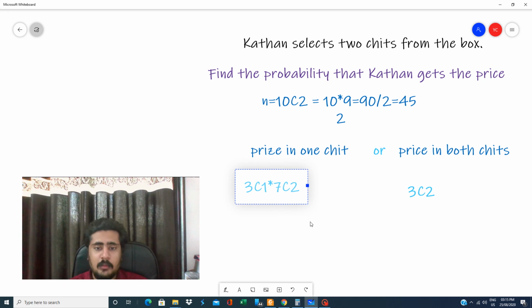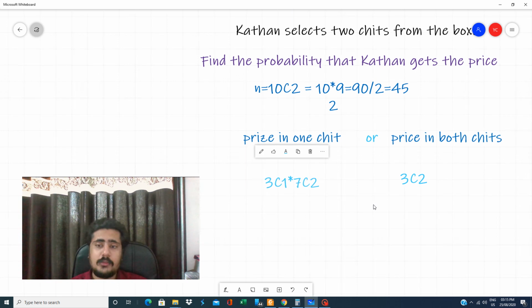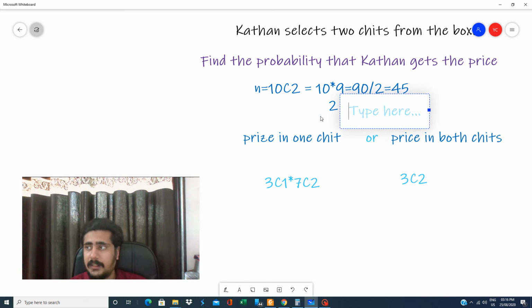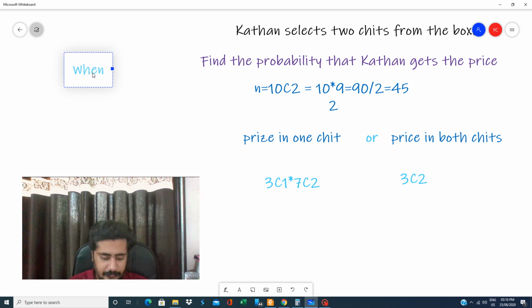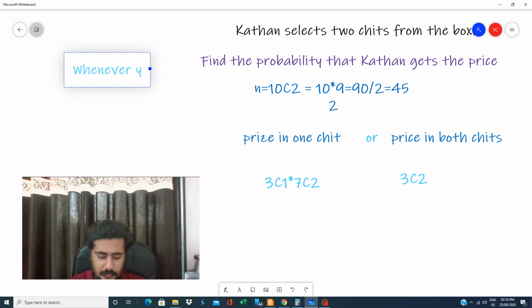Now, of these two possibilities, only one situation is going to happen. Either you are getting a prize in one chit, or you are getting a prize in both the chits. This is a situation of or. And whenever you get or, you have to add in the answer.